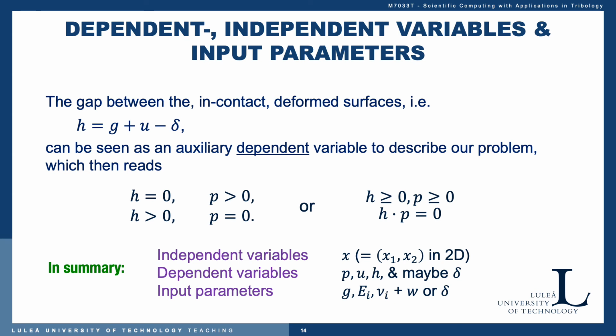And then as input parameters, we have the gap between the undeformed surfaces, G, the Young's moduli of the two surfaces and Poisson ratio, and either the applied load or the interference between surfaces, depending on how we formulate the problem.